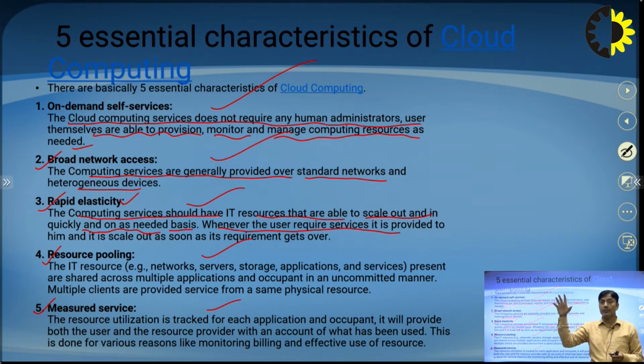There are a number of factors. So measured service means the services which are provided by the cloud vendor are measured. Everything is measured, in respect of time and money. So this is the measured service.